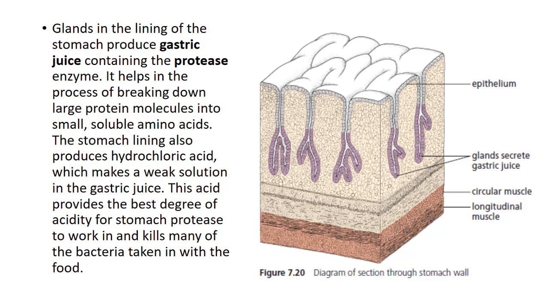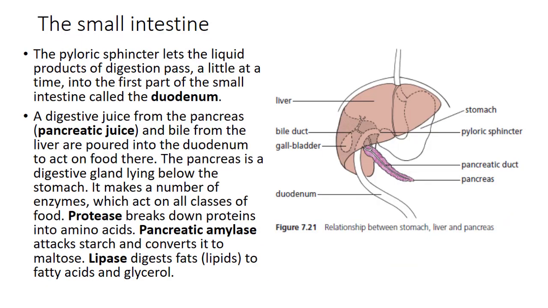By the gastric juices, the process of breaking down large protein molecules into small soluble amino acids happens, as you remember from the beginning of the year, biological molecules. The stomach lining also produces hydrochloric acid, which makes a weak solution in the gastric juice. This acid provides the best degree of acidity for stomach protease. Protease is a kind of enzyme to digest the proteins, and the acid also kills the bacteria taken in with the food.